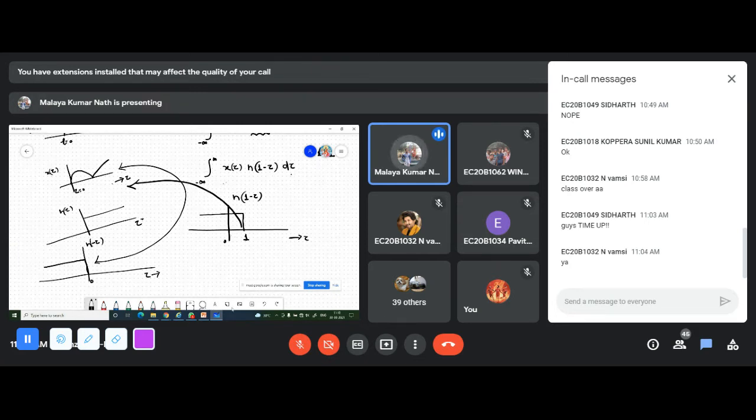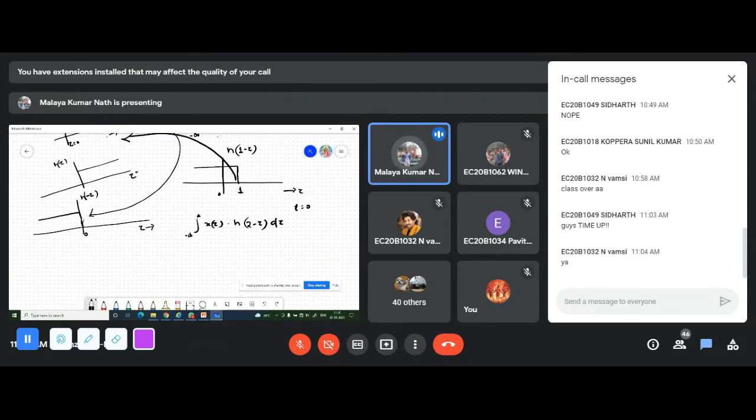If t is equal to 2, what will happen? If t is equal to 2, this becomes x of tau into h of 2 minus tau d tau. What does this 2 represent? This 2 represents that h is shifted towards the right by 2 units.